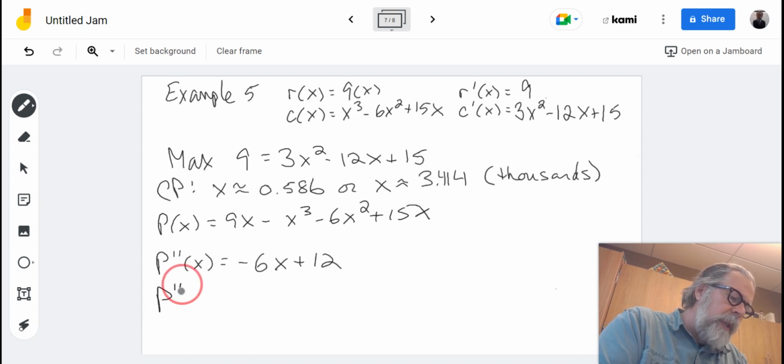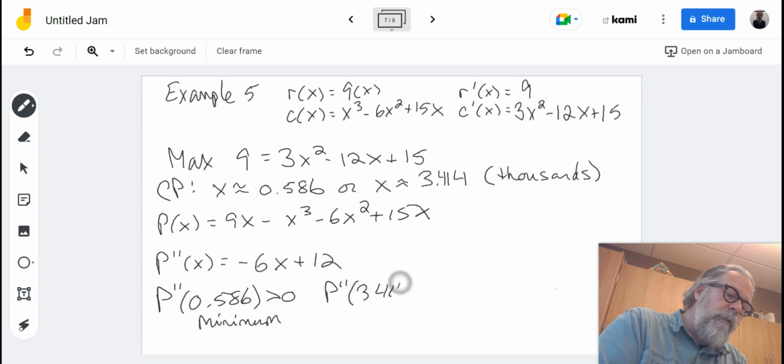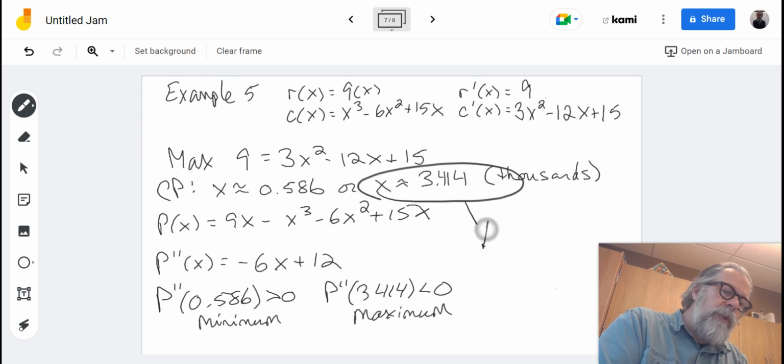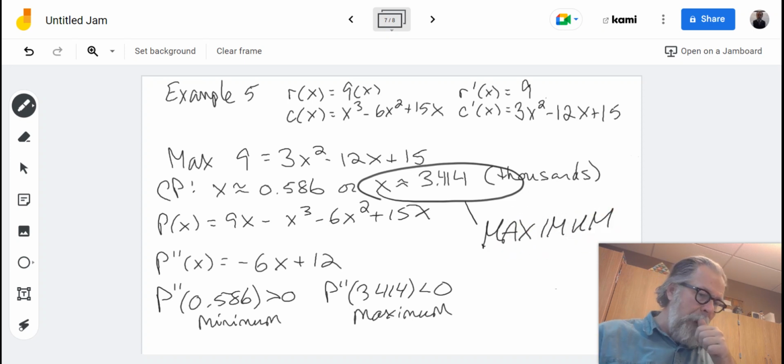Doing some quick calculations, the second derivative at 0.586 is in fact greater than 0, implying that this is a minimum. And the second derivative at 3.414 is less than 0, implying that this is a maximum. And therefore, this is the number of units we should produce to generate maximum profit.